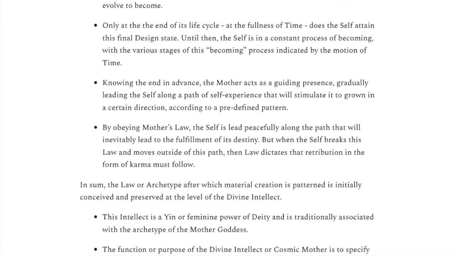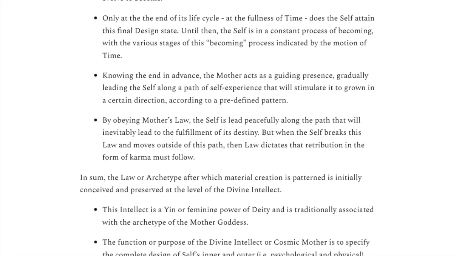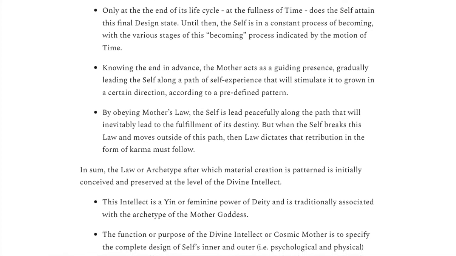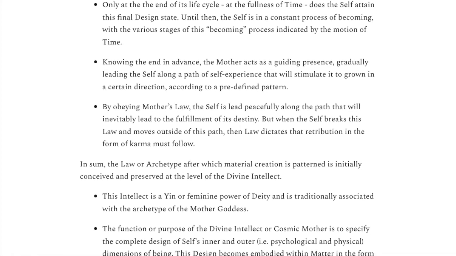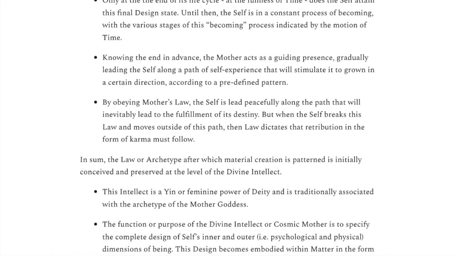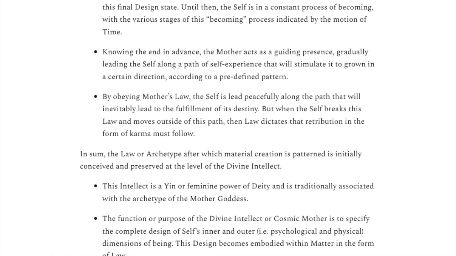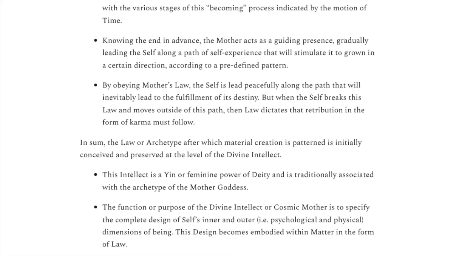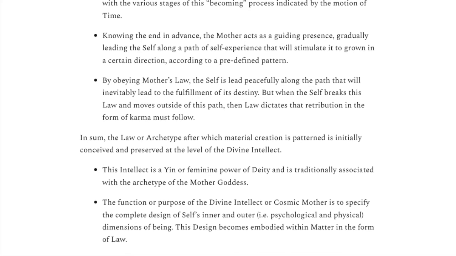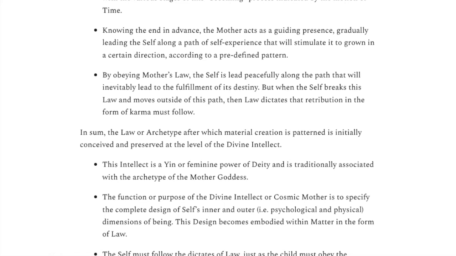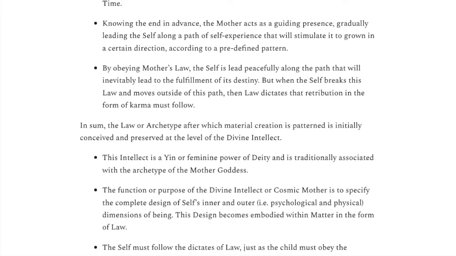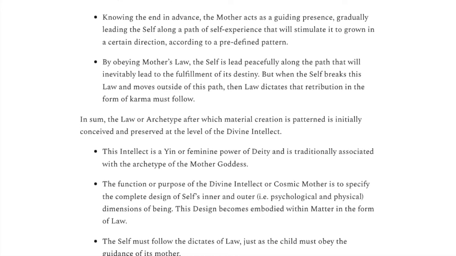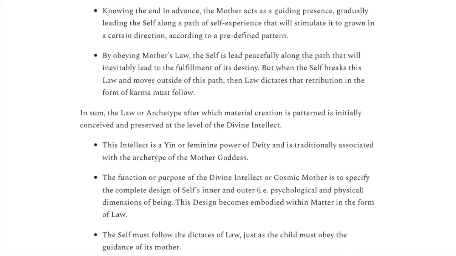In sum, the law or archetype after which material creation is patterned is initially conceived and preserved at the level of the divine intellect. This intellect is a yin or feminine power of deity and is traditionally associated with the archetype of the mother goddess. The function or purpose of the divine intellect or cosmic mother is to specify the complete design of self's inner and outer or psychological and physical dimensions of being.